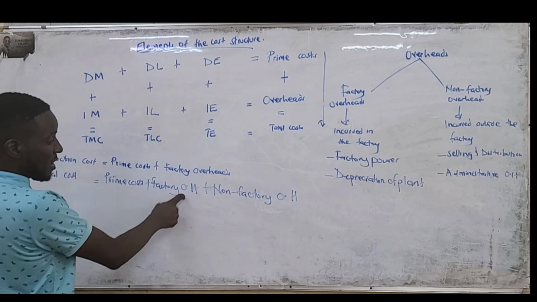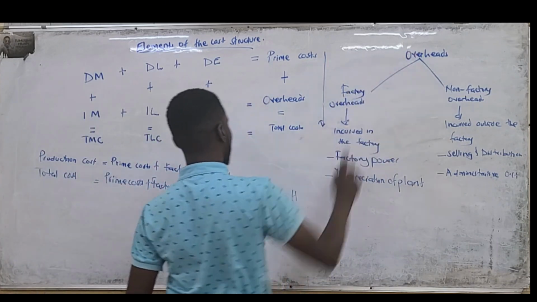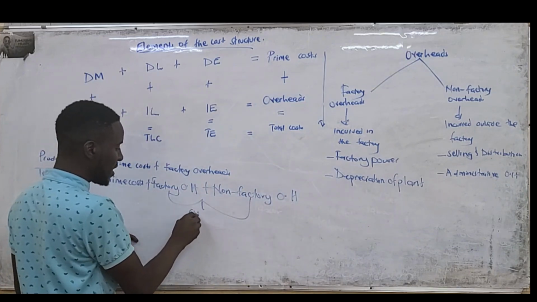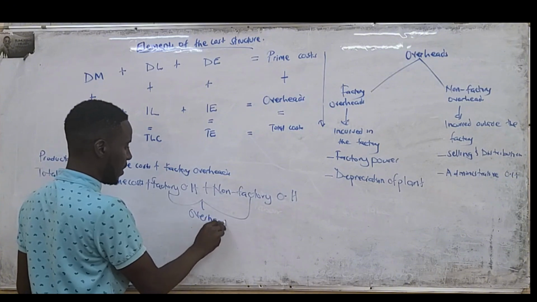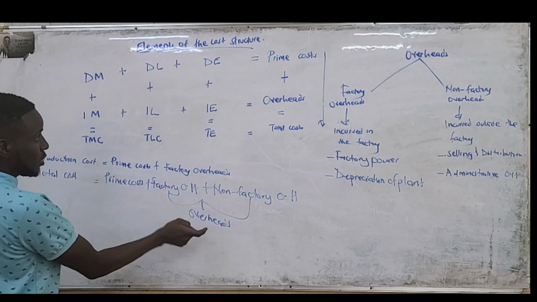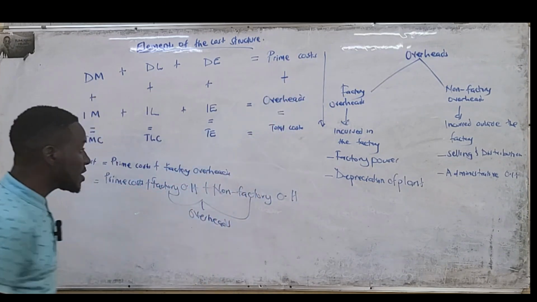overheads. Now, factory overheads and non-factory overheads, when they're added together, they give us what? Overheads. Therefore, our total cost is equal to prime cost plus overheads.